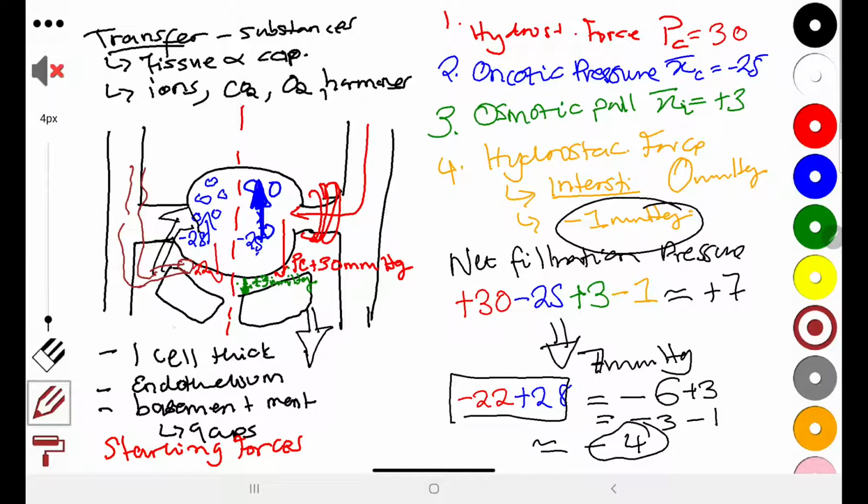If there are more here, they will of course be taken up, but by the end of the day the total interstitial pressure will remain exactly the same. So how does edema come in?